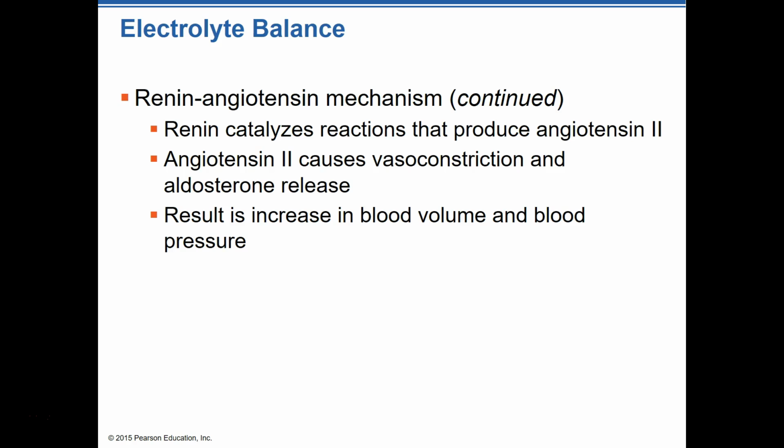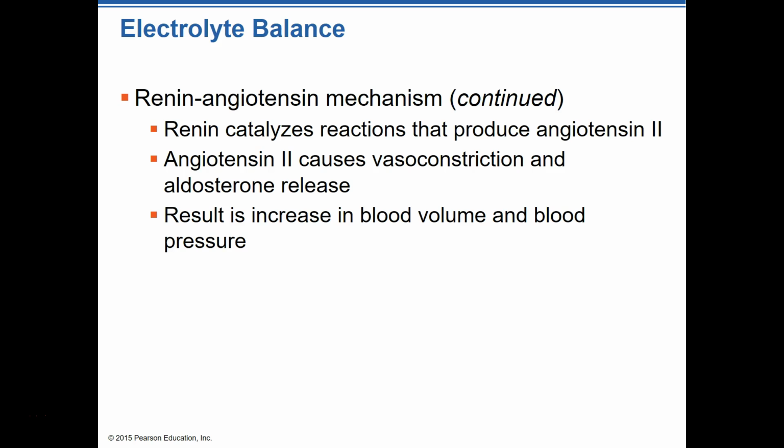Basically, it activates an angiotensin converting enzyme, an enzyme that's going to convert angiotensin I into angiotensin II. And what angiotensin II does is it causes vasoconstriction and the release of aldosterone. This causes an increase in the blood volume and the blood pressure. So blood pressure comes up.